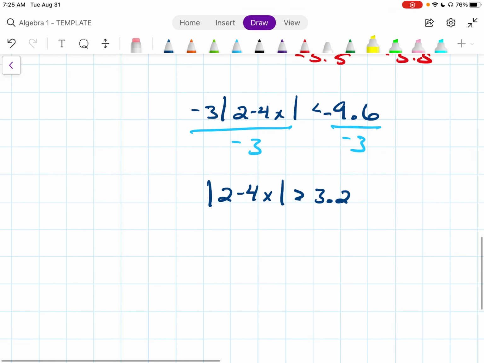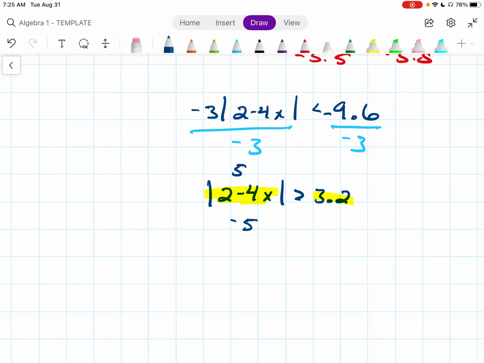Now, I'm trying to remember what we wrote earlier. Is this going to be an and or an or inequality? Well, it says that this is larger than this. That would include like the number 5, and it would also include the number negative 5, because we take the absolute value of it.